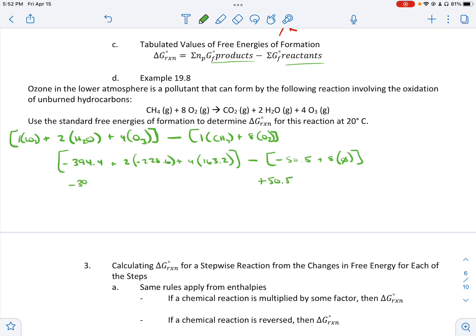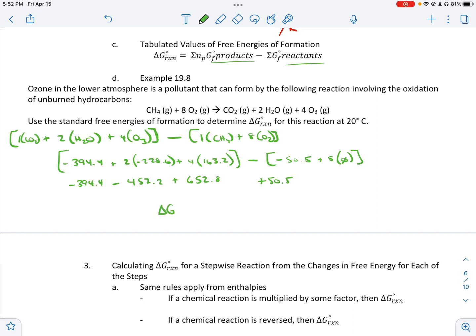And let's see what we get over here. We've got negative 394.4. We could obviously do all this together, but I like to practice the small calculations. So instead of plus, let's make that a negative, because it's going to be negative 457.2. And then we're going to have plus 4 times whatever 163.2 is. We get 652.8. All right, and let's just put this all together.